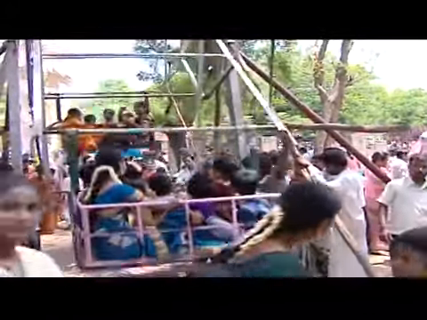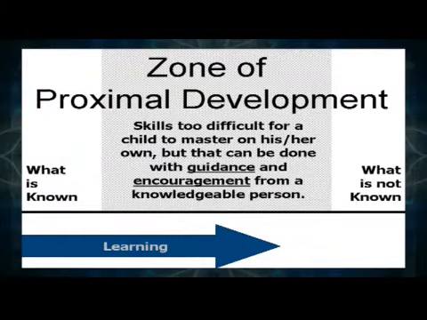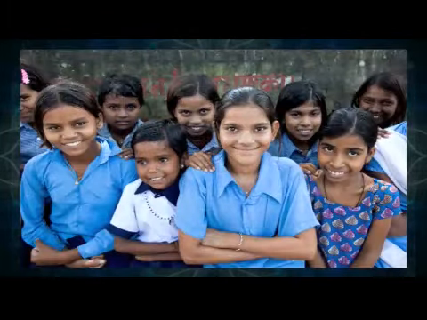Vygotsky introduced an important concept in socio-cultural theory, the zone of proximal development, ZPD. It denotes the range of tasks that a child has to complete while in the process of learning. The lower limit of ZPD is the child's level of skill reached working independently, the child's actual development level.